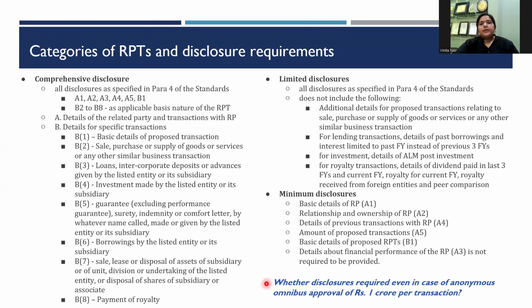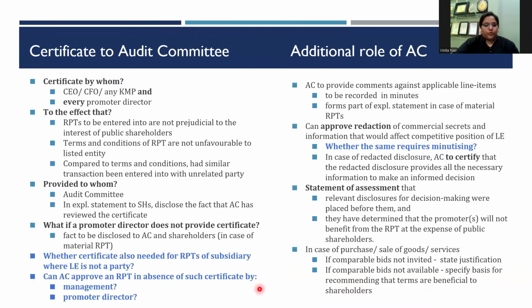Now, in these cases, there is no scope to provide any of these disclosures because I don't know the party with whom I would transact. I don't know which kind of transaction we would do. So therefore, in case of an anonymous omnibus approval, we say there is no disclosure that is applicable. So accordingly, there are 4 disclosures: comprehensive, limited, minimum, and no disclosure in case of an anonymous omnibus approval.